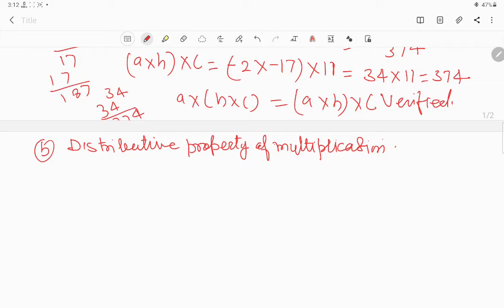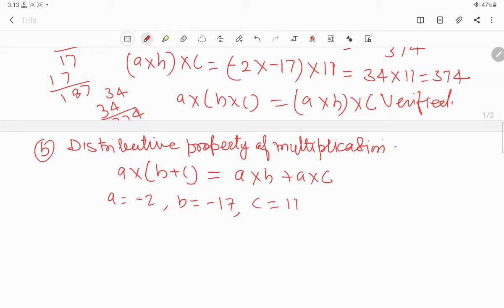If you multiply a number A with the sum of two numbers B and C, it is equal to A into B plus A into C. So take the value of A given as -2, B given as -17, C given as 11.